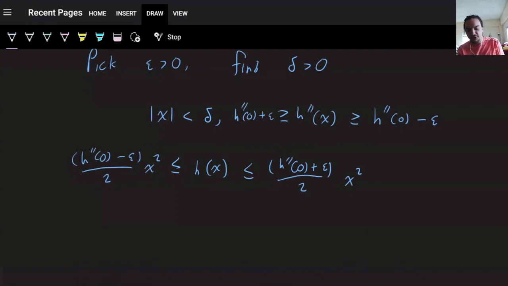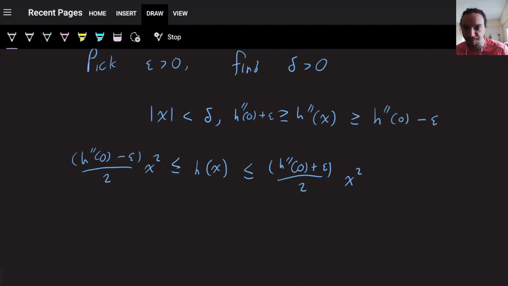Taylor's theorem says that h of x is equal to h of 0 plus h prime of 0 times x plus h double prime of 0 over 2 times x squared plus some error for small x. And h of 0 is equal to 0 because I shifted it down so that the max is at 0. And h prime of 0 is equal to 0 because 0 is a global max, and h prime at a max is 0. Okay. So we just end up with h of x is equal to h double prime of 0 over 2 times x squared.